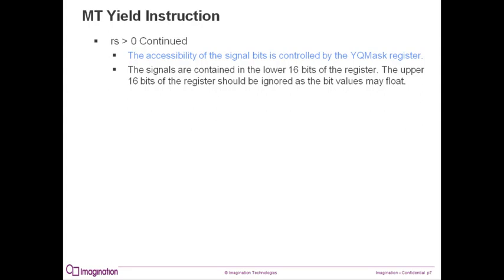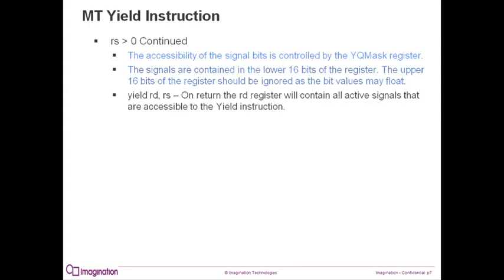The rest may float. After the yield instruction completes and the TC starts executing again, the GPR referenced by RD will contain the value of all active signals that are not masked by the YQ mask register. The yield instruction should never be put into a branch delay slot.